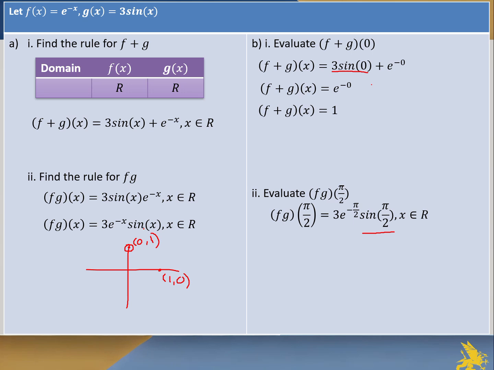So that is really saying 1 times 3e to the power of negative pi over 2. Timesing by 1 doesn't do anything. I could leave it in this form, or I could get rid of the negative power by taking it to the bottom and making it 3 over e to the power of pi over 2. This keeps it exact, without putting it into the calculator and getting a decimal.